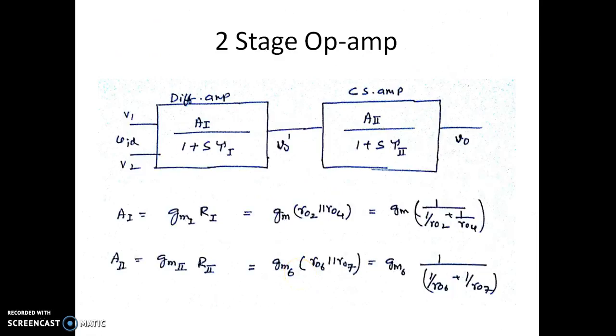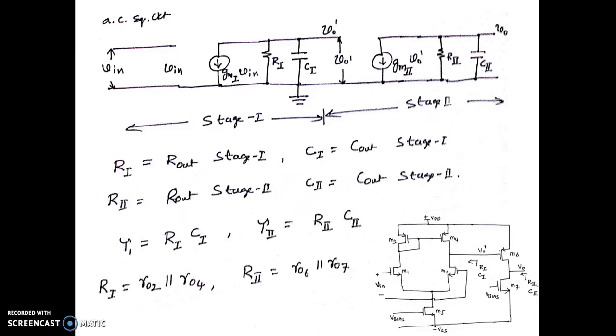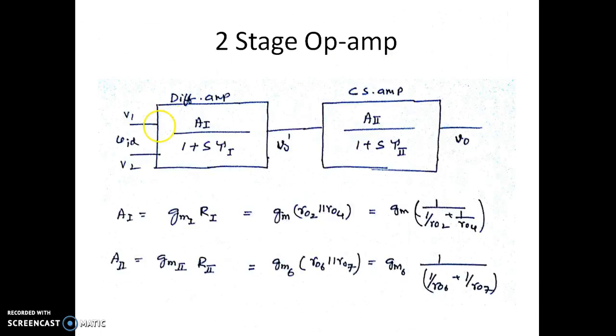And we know that this is how the circuit diagram can be represented in the form of a block diagram. So we have the first stage having a gain of A1, and this is the second stage having a gain of A2, and we have the pole representation of this in terms of its time constant, and second stage is also represented by a pole having a time constant, which is represented here. Now we can see this is the differential amplifier stage, this is the CS amplifier stage.